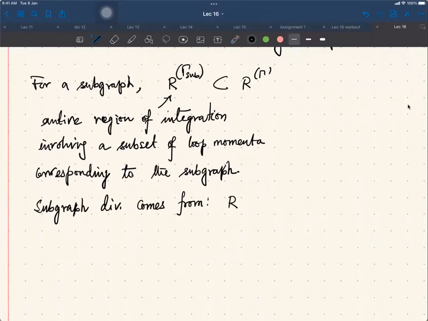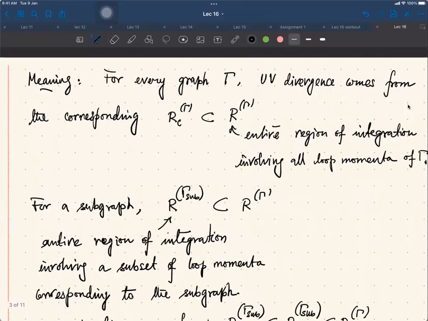Subgraph divergence will come from R gamma sub C, which is a subspace of R gamma sub, and R gamma sub is a subspace of R gamma, the entire region. And this is not equal to the coincidence region of the entire graph, R gamma C, right?